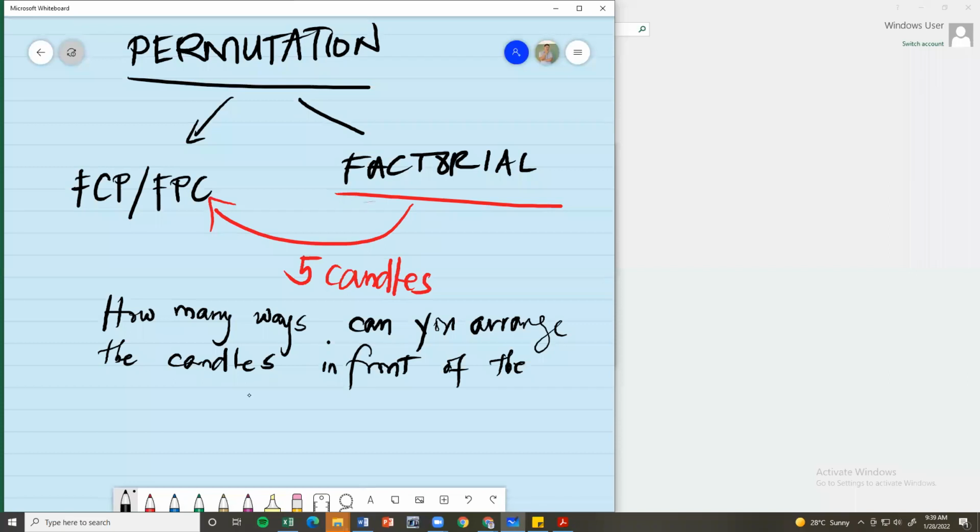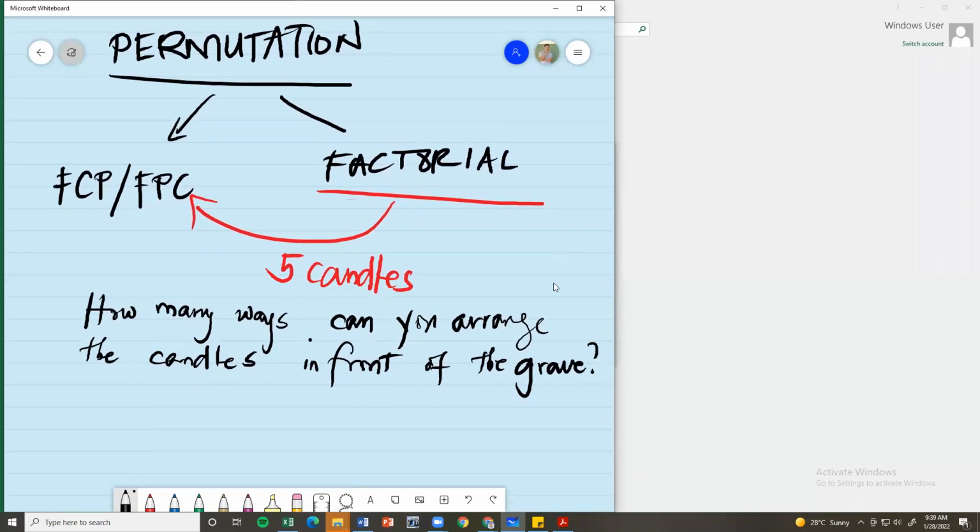What's the English of puntod? Anyone? Halimbawa, November 1. So, syempre, merong 5 kandila. Iba't iba kulay. How many ways? Ayun, grave. In front of the grave. Very good. Thank you. Sample. November 1, kunwari. So, how many ways can you arrange the candles in front of the grave?